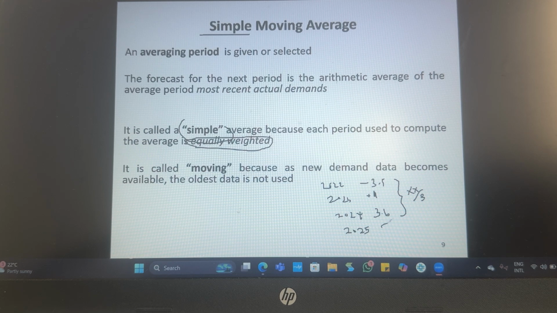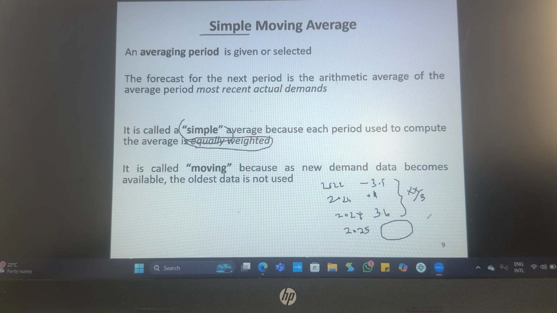Okay, and then think about how valid that actually is. The 2025 growth rate is giving equal weightage to all 3 numbers, right?